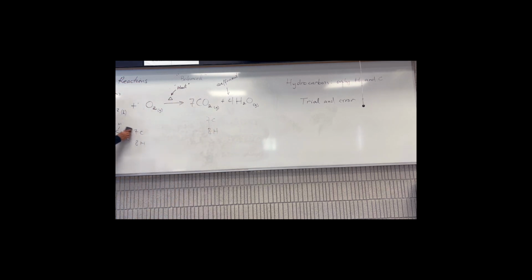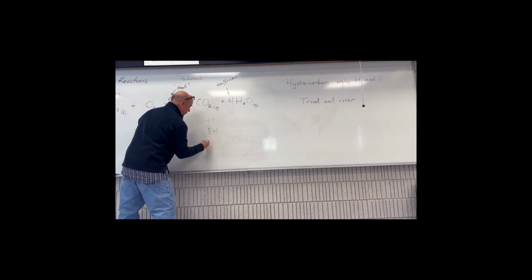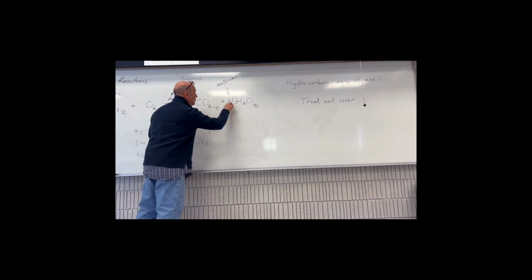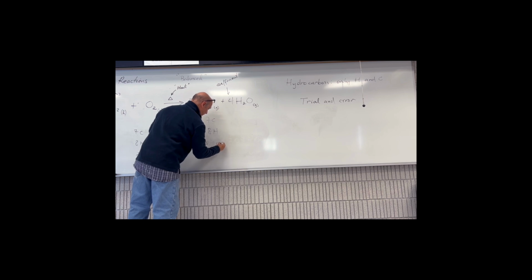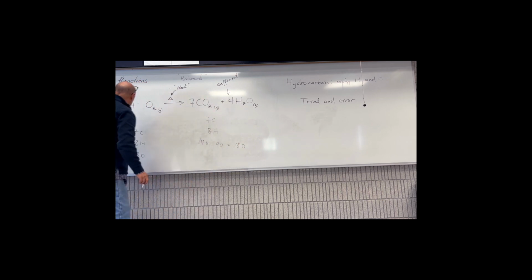Let me erase these. And now let's move on to the oxygen. 2 oxygens, and over here we have 7 times 2 is 14, plus 4 times 1 is 4, 18 oxygens. So it's not balanced. How do we make this 18? 9. 9 times 2 is 18.